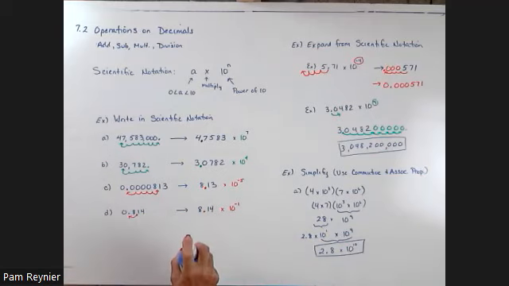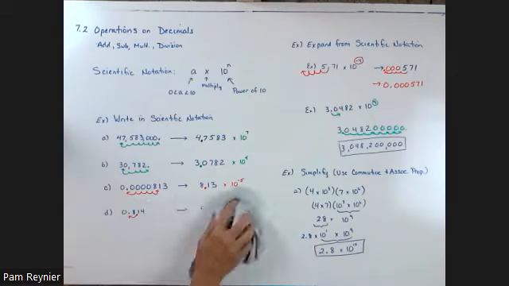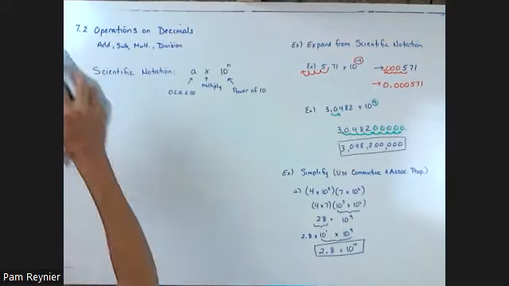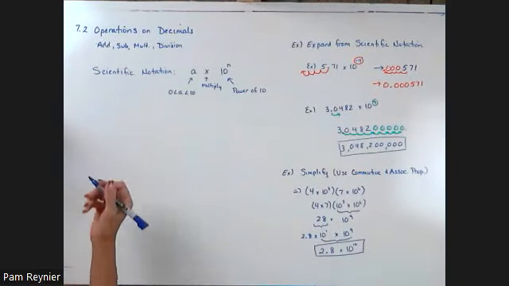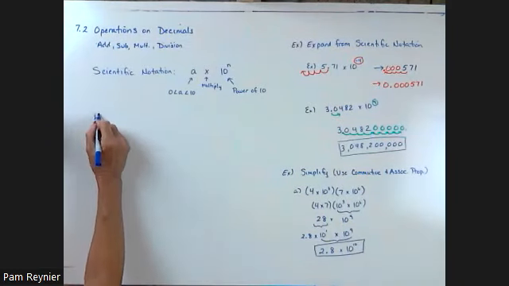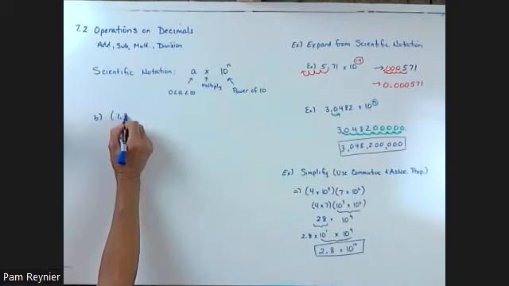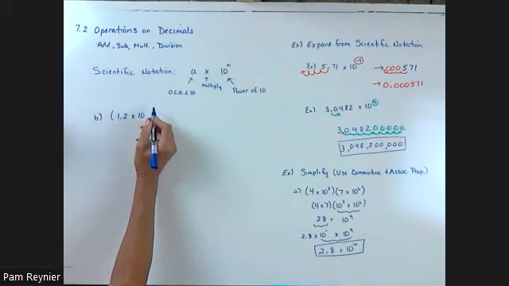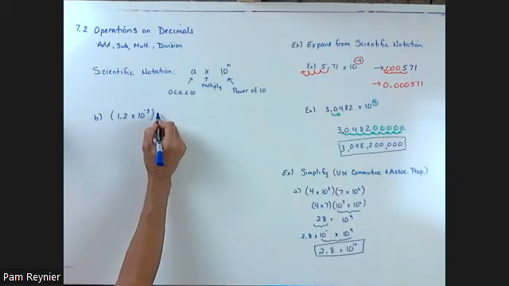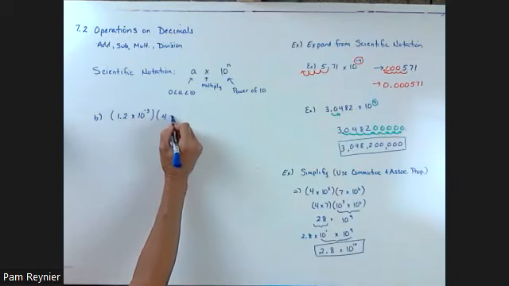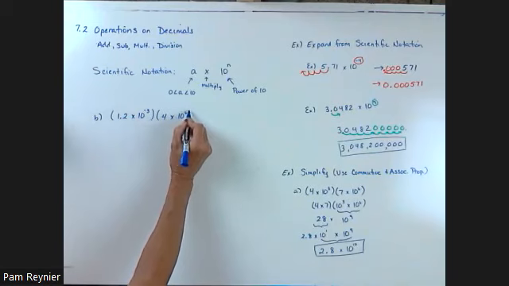Okay. Let's do another 1 or 2 of those. Let's try something else. Let's say I give you 1.2 times 10 to the negative 3 times 4 times 10 to the 6th power.